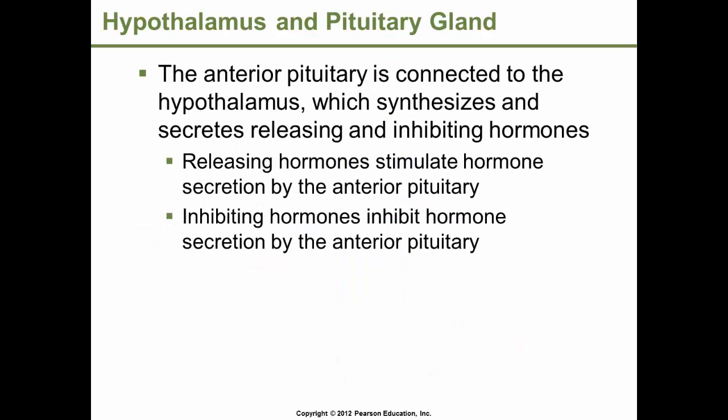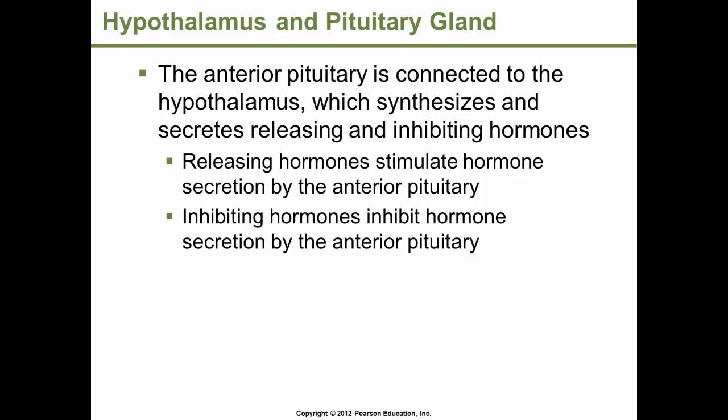The anterior pituitary lobe is the largest lobe. As previously mentioned, it has a circulatory connection which allows the hypothalamus hormones to control the secretion of the 6 hormones from the anterior lobe.